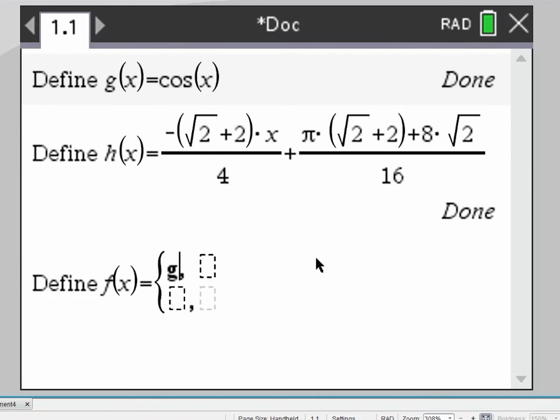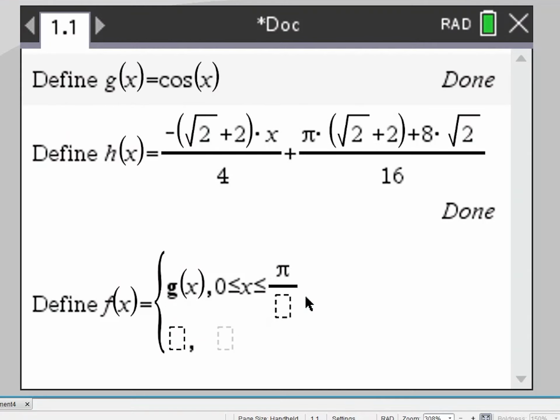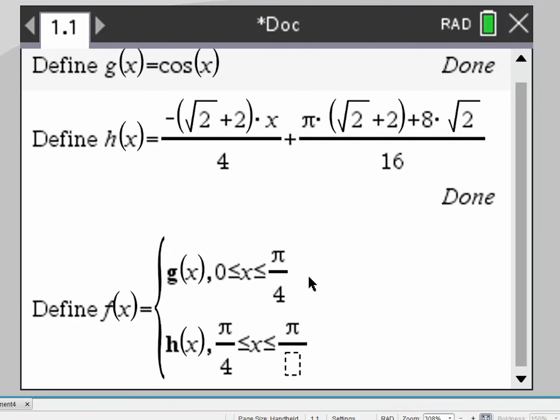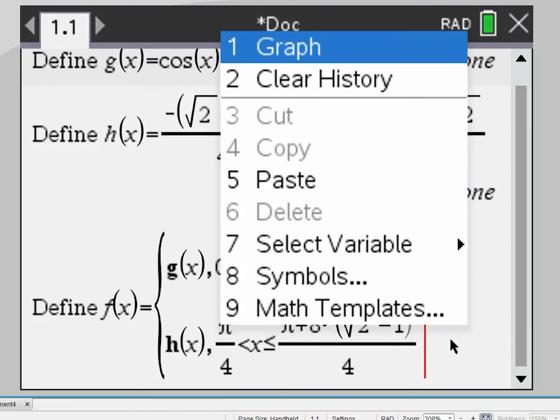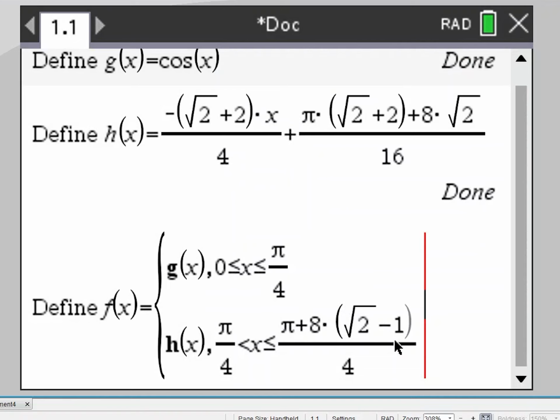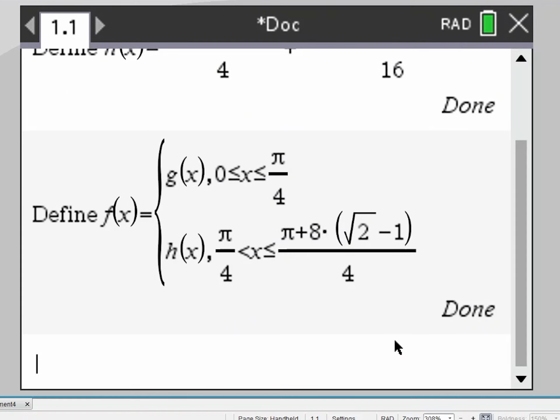Now we can type g of x, and now let's type the domain. It's going to be 0 to pi on 4. Now h of x, and its domain, pi on 4 to this massive square root we had. Oh, this one is exclusive, not inclusive. Okay, there we go. Now we define our function. Press enter, and now we have a piecewise function defined as well.